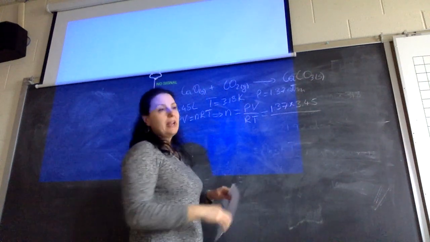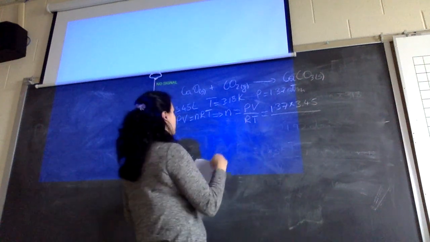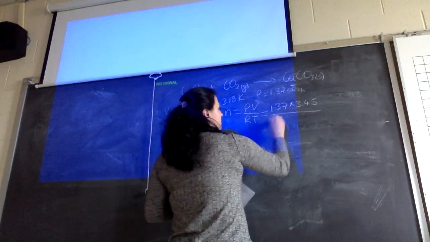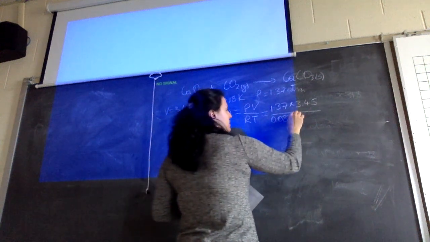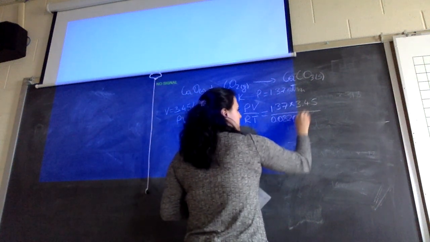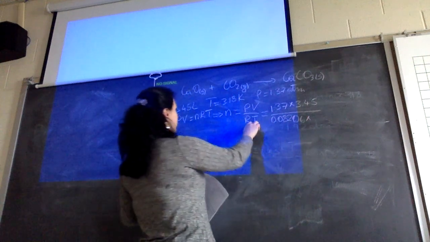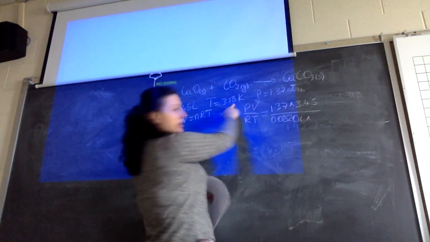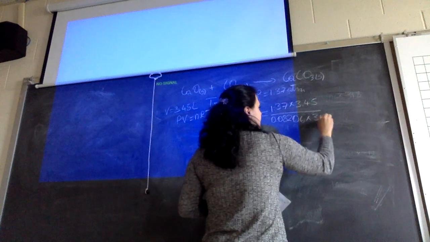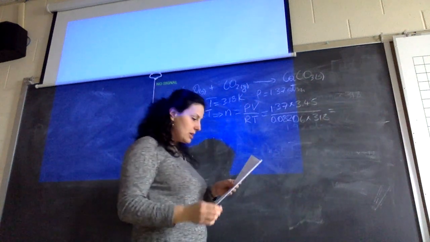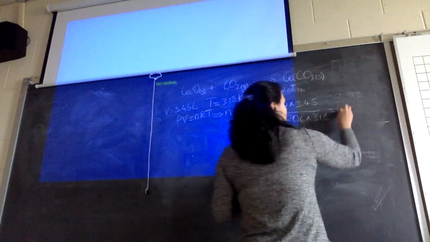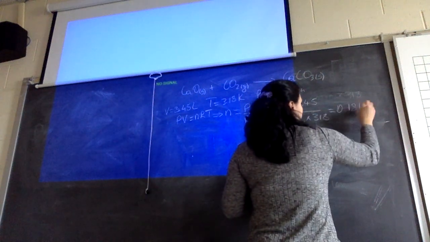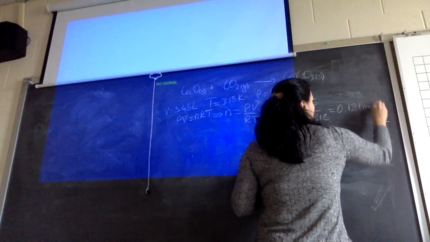Use your units, but I just don't have room here, so I'm not using them. Divided by 0.08206 and the temperature, which we calculated, 318 Kelvin. That gives me an amount of moles of 0.181 mole of CO2.